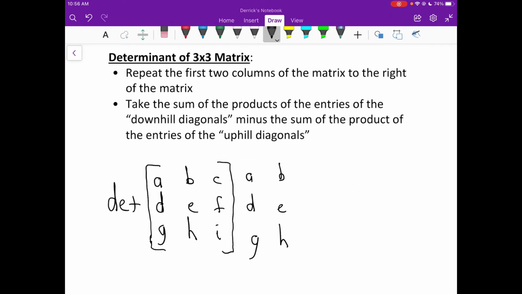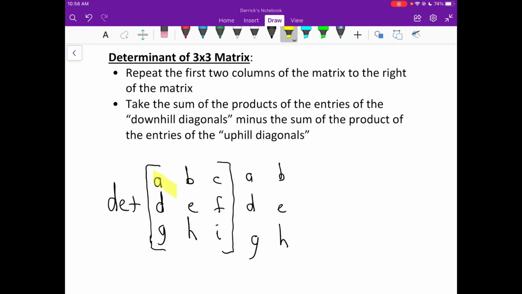This is a 3 by 3 matrix. There should be 3 downhill diagonals, 3 uphill diagonals, and each of those diagonals should have 3 numbers inside them. Everything is 3s.